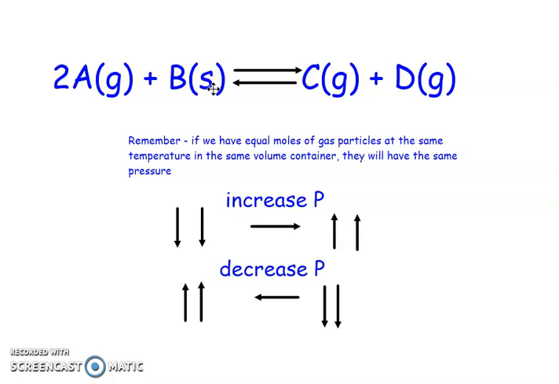But if I have unequal moles of gas on either side of the reaction, then changing the pressure will shift the equilibrium. Adding a catalyst will never shift the equilibrium because catalysts will speed up both the forward and reverse reactions equally. So it will allow something to establish an equilibrium faster, but once I have that equilibrium, it's not going to change the amounts that I have present.